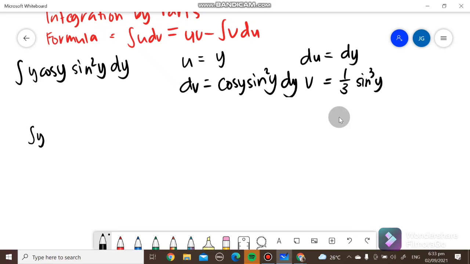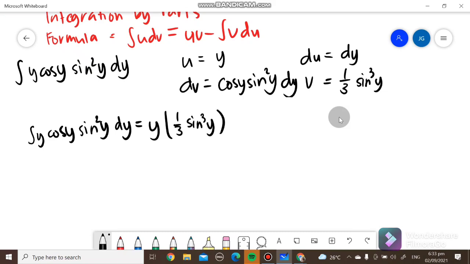We have the integral of y cosine y sine squared y dy is equal to u times v, which is y times 1/3 sine cube y, minus the integral of v, which is 1/3 sine cube y, multiplied by the value of du, which is just dy. So, this part is already done, but this one is not yet. We need to integrate that part.